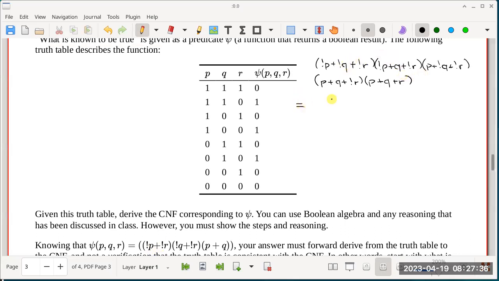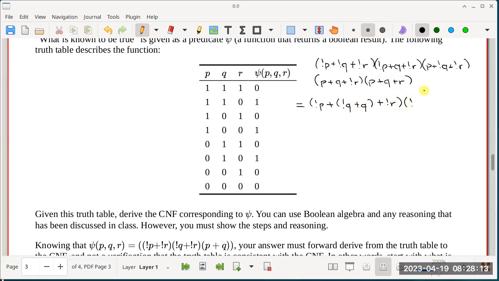So we'll say this is P or not Q or Q or not R, by factoring these two. Now, after you factor, you can still put those things in the original thing. So you can then just repeat the rest.